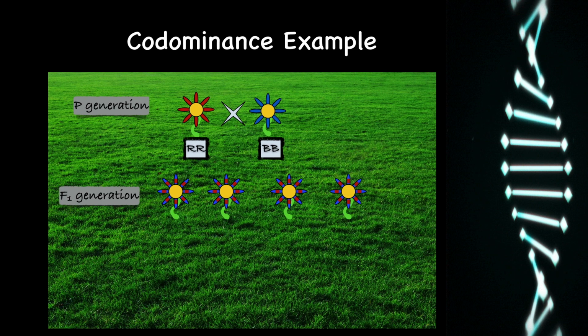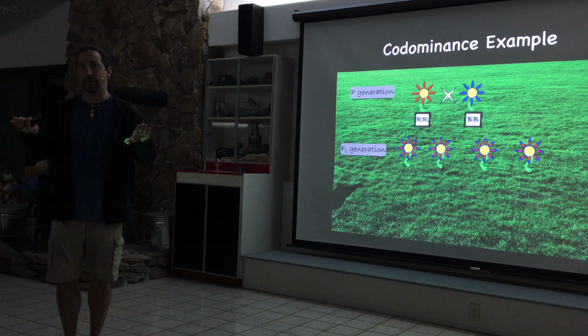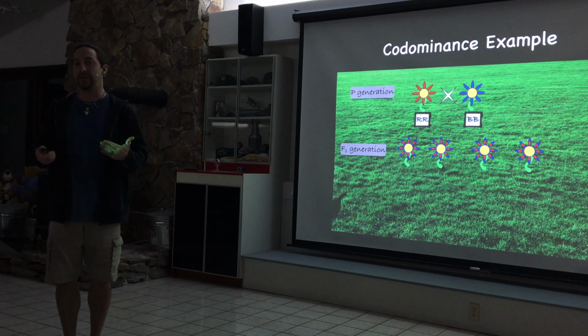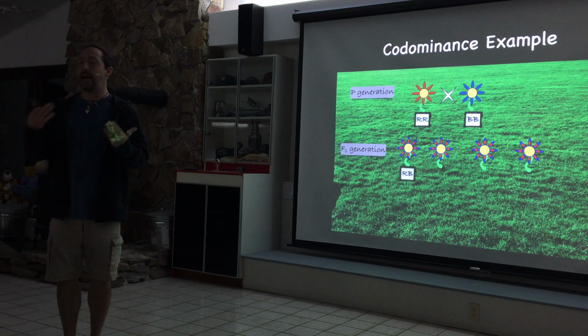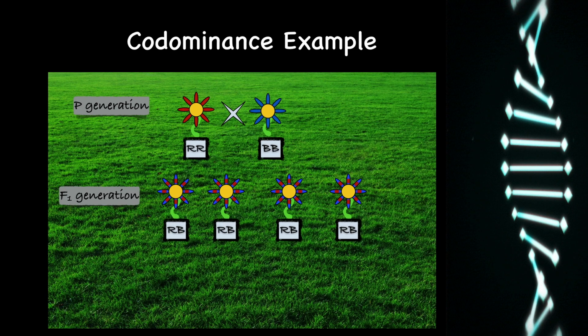They have both blue and red. 100% are going to appear that way because 100% of the offspring are going to be heterozygous. Every one of them has both the blue and the red allele.